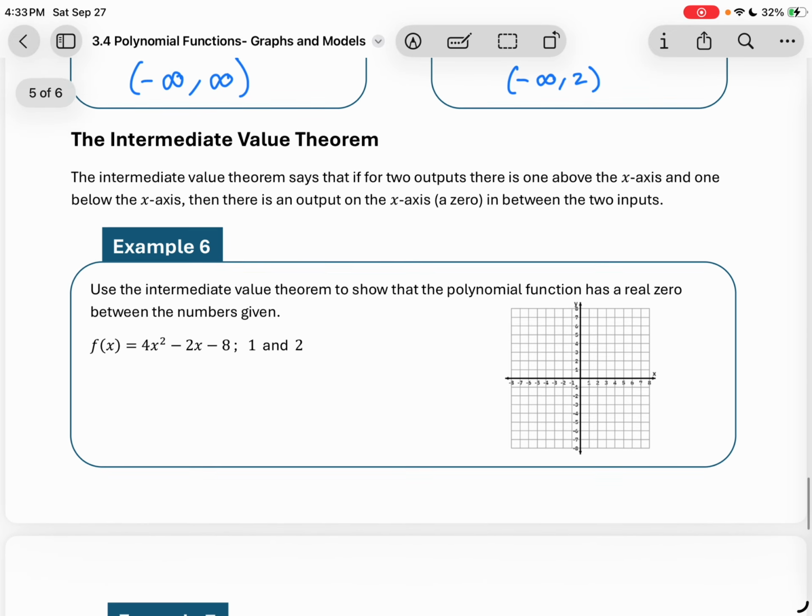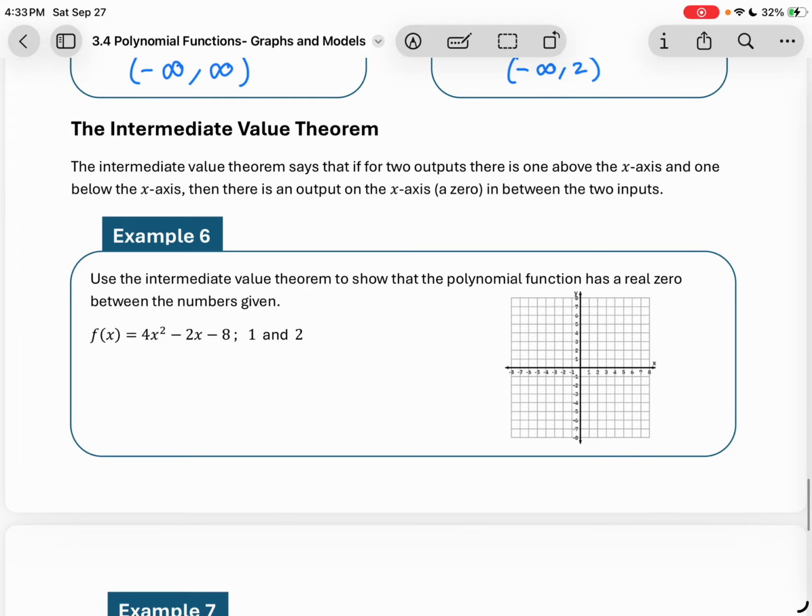Next, we've got the intermediate value theorem. The intermediate value theorem says that if you have two outputs where one is above the x-axis and one is below the x-axis, then you know there has to be a place in between there that crosses the x-axis. Okay?